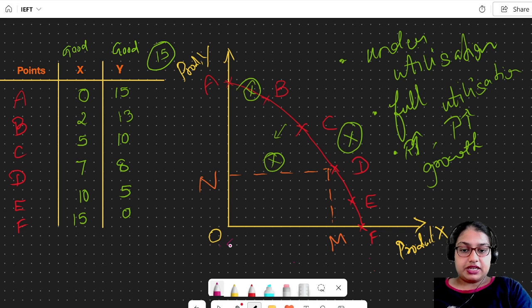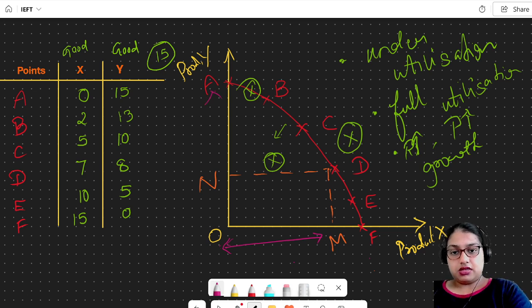OM, this is my opportunity cost. And NA, and ON, and MF. So remember these things. These are the opportunity costs over here.